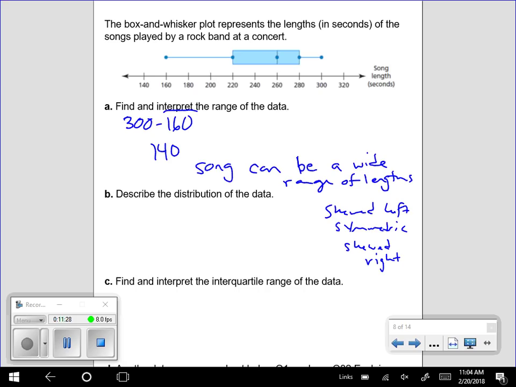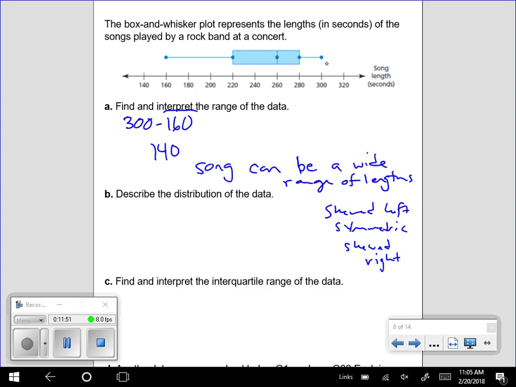Skewed left: the left whisker is longer than the right whisker, and most of the data are on the right side of the plot. Symmetric: the whiskers are about the same length, and the median is in the middle of the plot. Skewed right: the right whisker is longer than the left, and most of the data is on the left side of the plot.